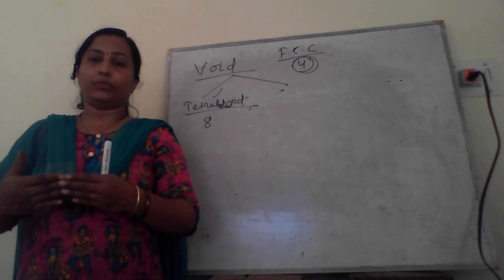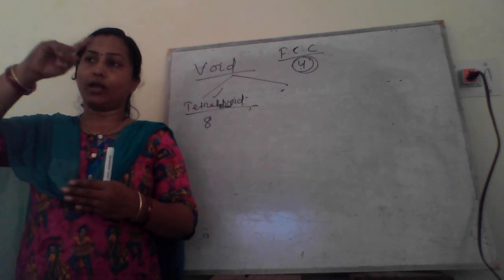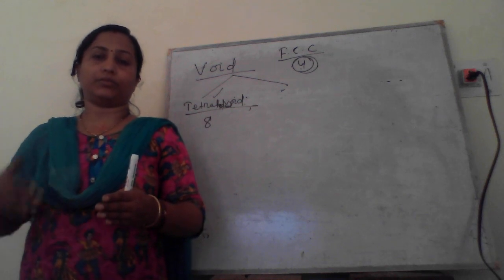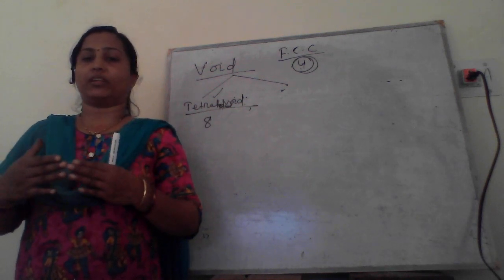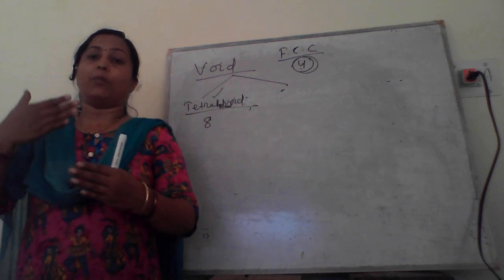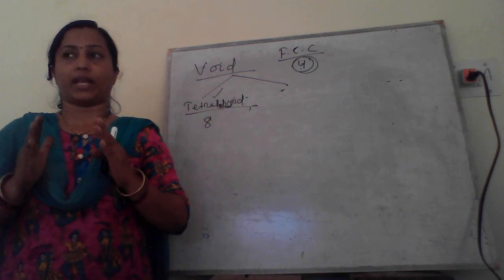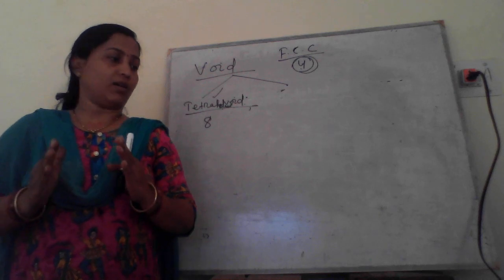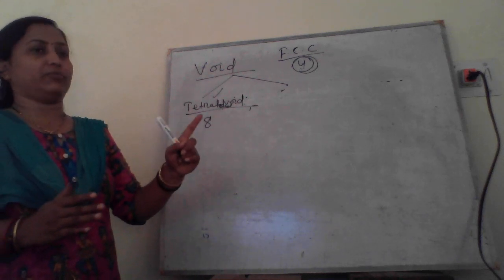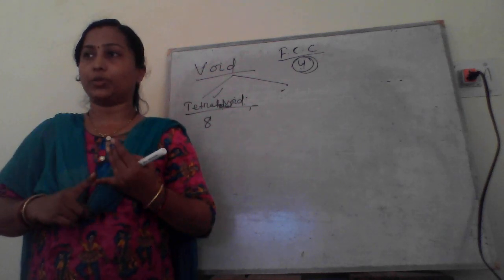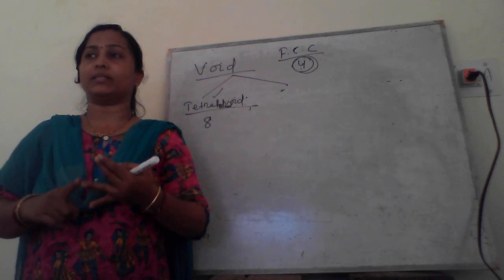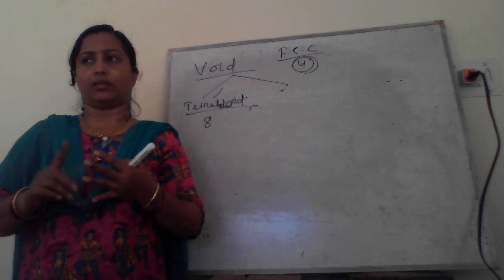And when we cut it heightwise into equal parts, then it is converted to 8 equal parts, 4 at the front and 4 at the back. So there are 8 parts of the unit cell where we cut it lengthwise, breadthwise and heightwise.